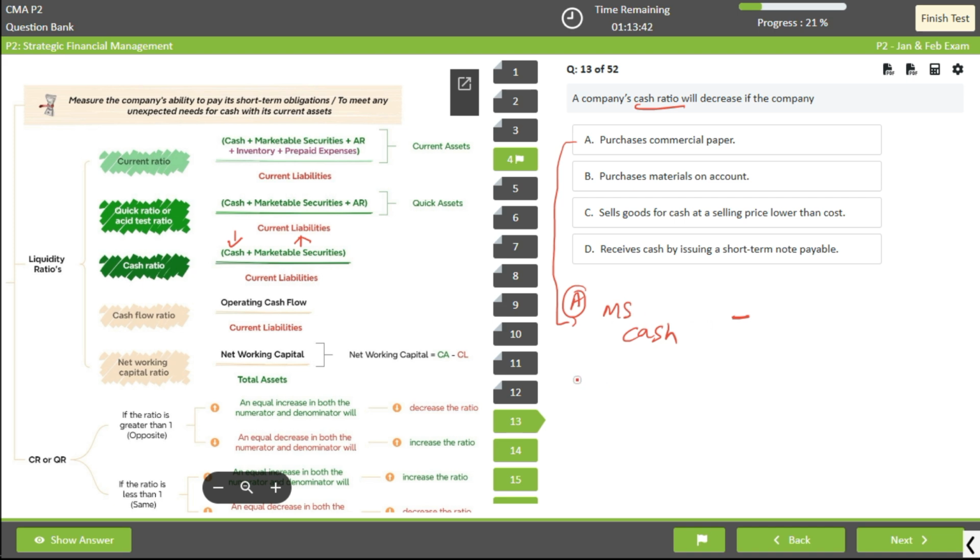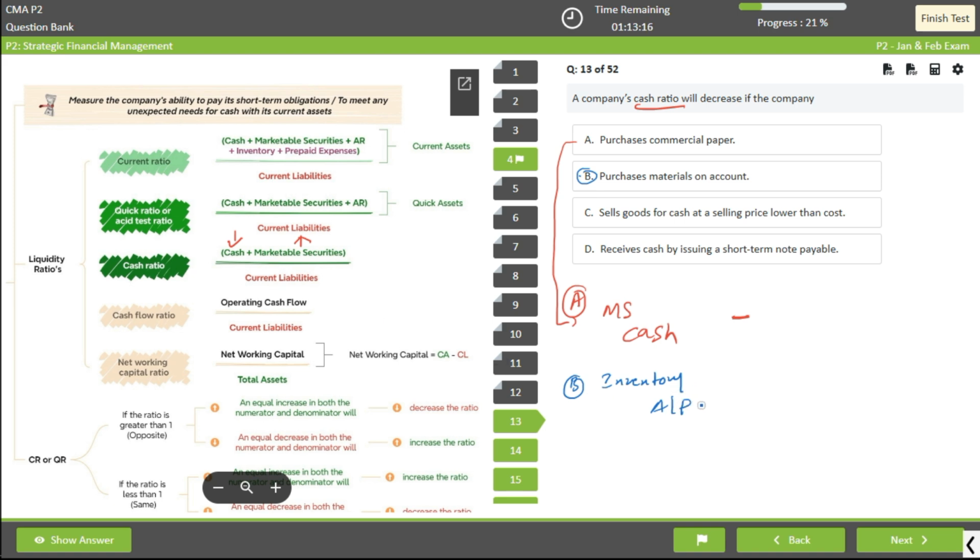Now we have B. Now B, what is that? Purchase of materials on account. So when we are purchasing materials on account, we are going to debit your inventory, and we are going to credit because it's on account. So accounts payable will be credited. So cash ratio, so what happens?